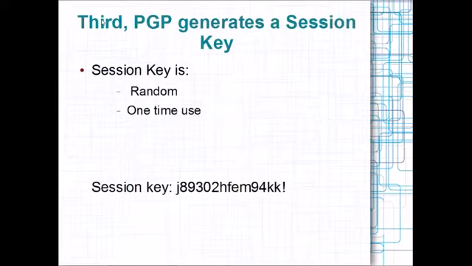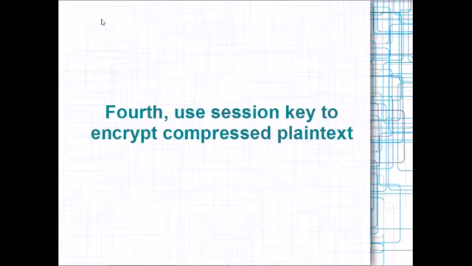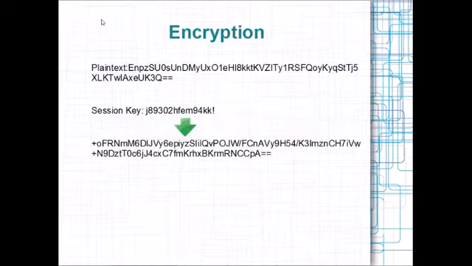So the third step is that PGP will generate a random session key. This is just for one-time use, and we generated a random one for the purpose of demonstration. Fourth, we use the session key to encrypt the compressed plaintext.